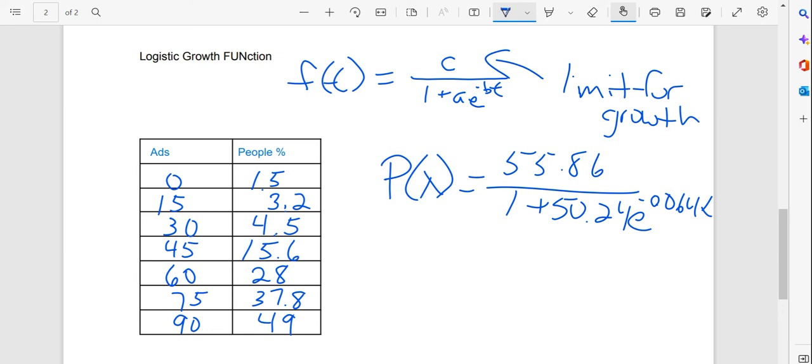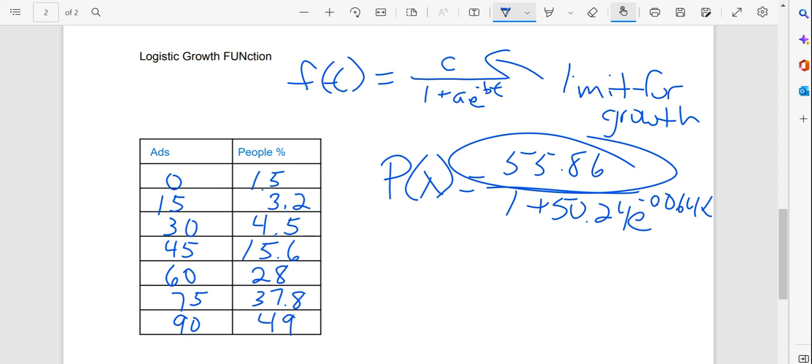So it says, as I said before, use your model to predict the limit to the percentage of people who will purchase this product. Okay. So your limit is going to be whatever this top number is. It's a simple enough number. Because no matter what I put into x, it will never be more than that. But also recognize that even though this is our limit, we don't know what's going to happen if there's 115 ads or 100 or however many ads, right?